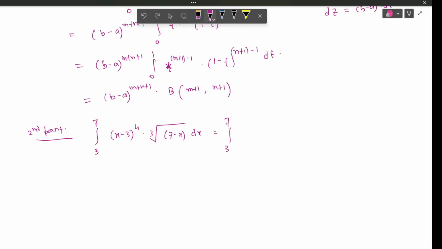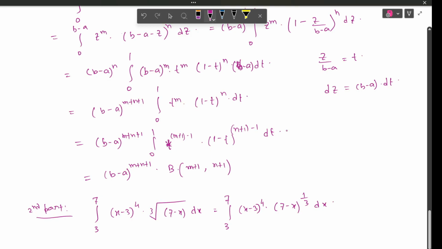This is integration 3 to 7 x minus 3 to the power 4 into 7 minus x to the power 1 by 3 dx.